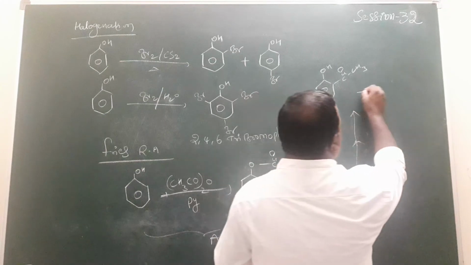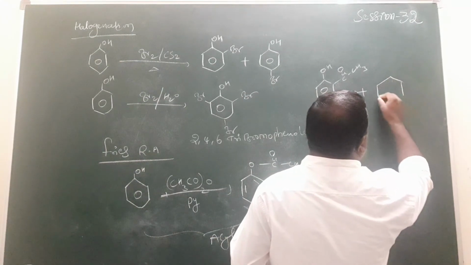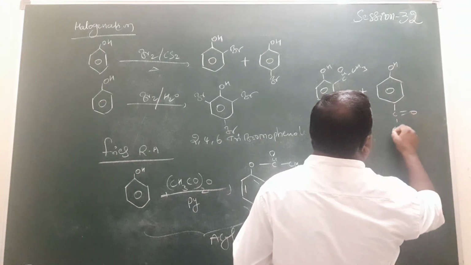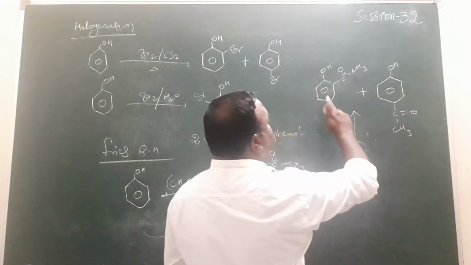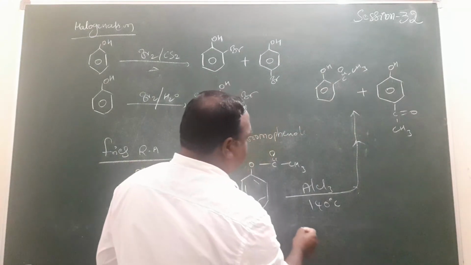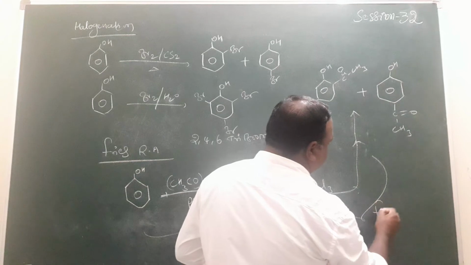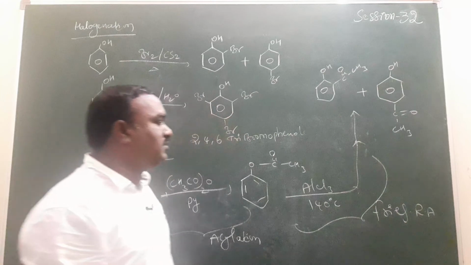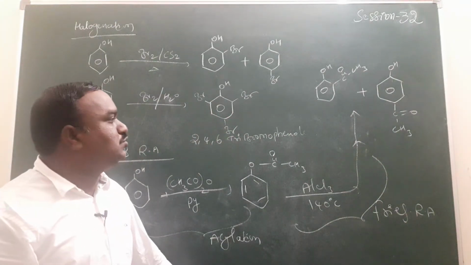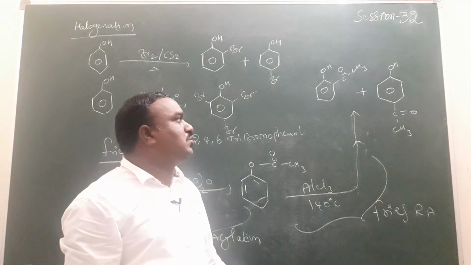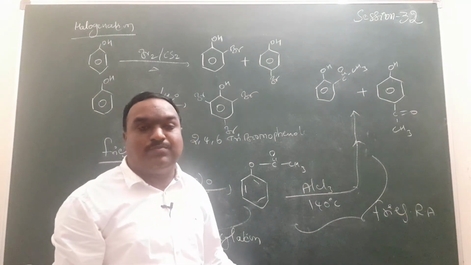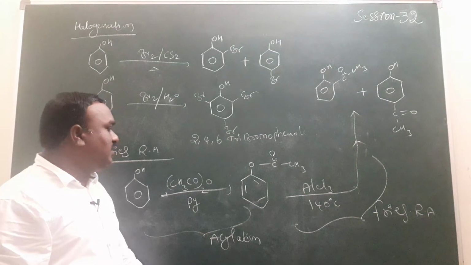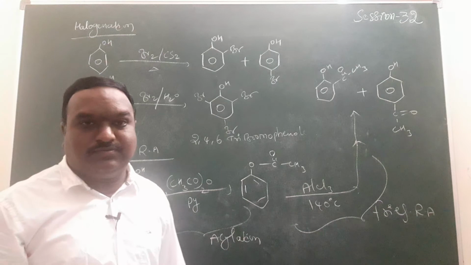If the para position, para-hydroxy acetophenone is formed here. This rearrangement is generally called the Fries rearrangement. This is the way to write the Fries rearrangement product. So ortho and para-hydroxy ketones are formed in the Fries rearrangement reaction.